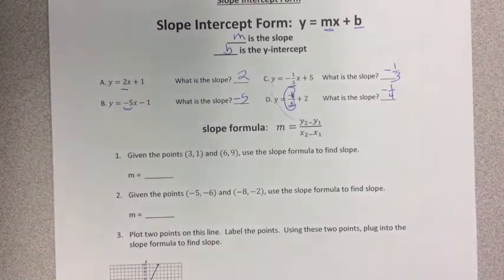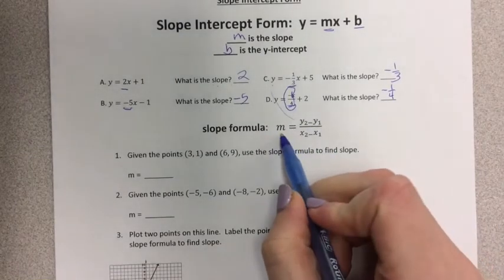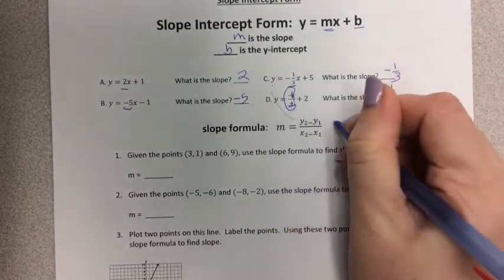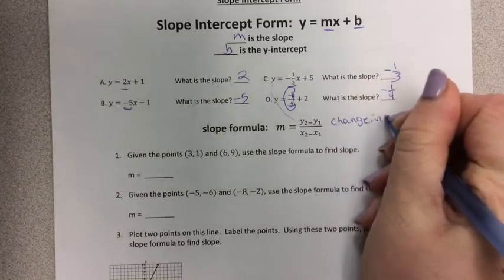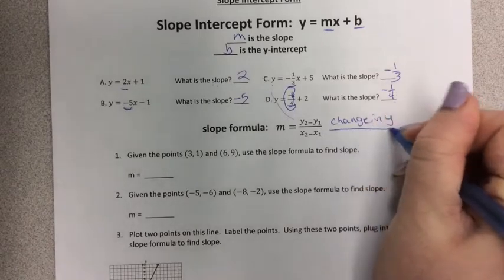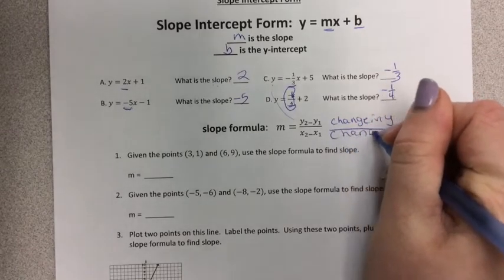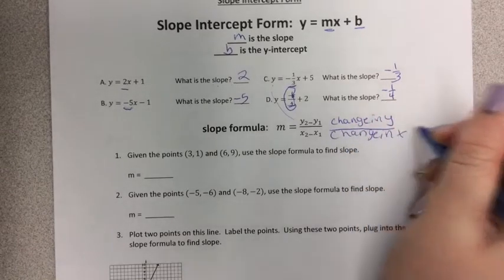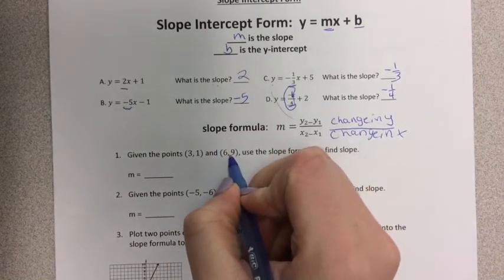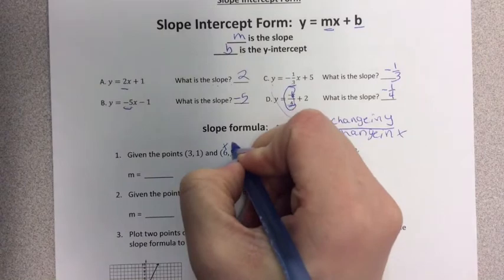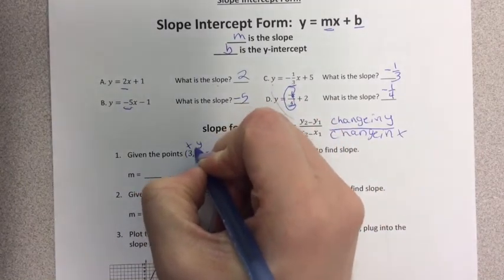Alright, so now how to find slope between 2 points. This is our slope formula, the change in y divided by the change in x. I like to start over here with my second point. So x, y, x, y.